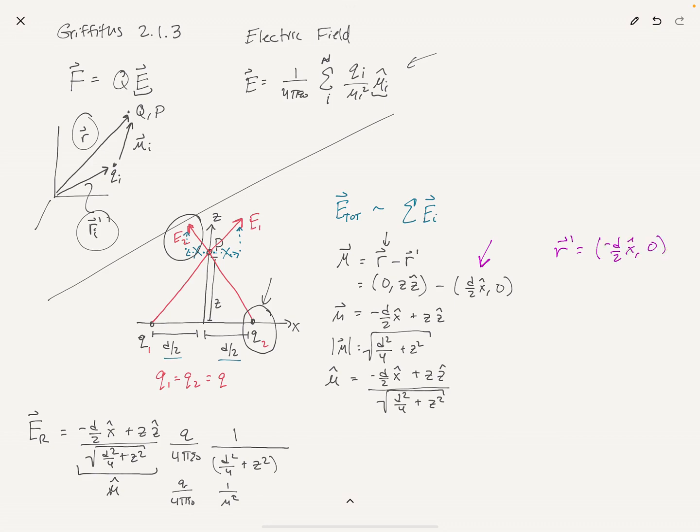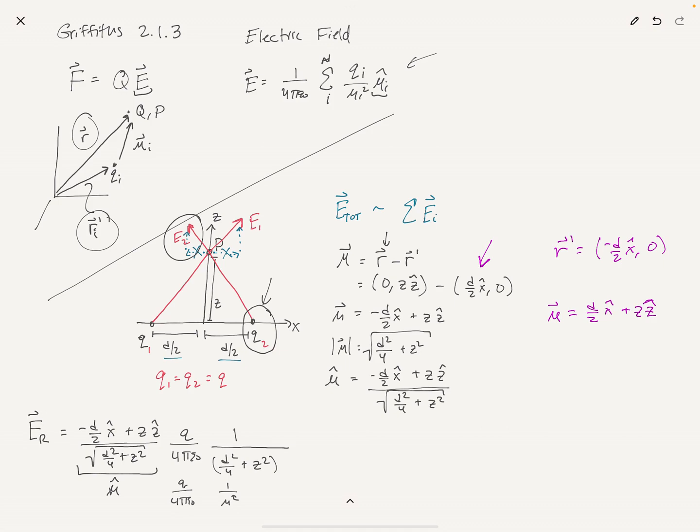So anywhere that I have an x hat, I'm going to pick up a minus sign. All right, so then this minus a minus is going to be a plus, and I'm going to be left with a vector that is d over 2 x hat plus z in the z hat. All right, but that doesn't affect the magnitude. That doesn't affect the magnitude at all.